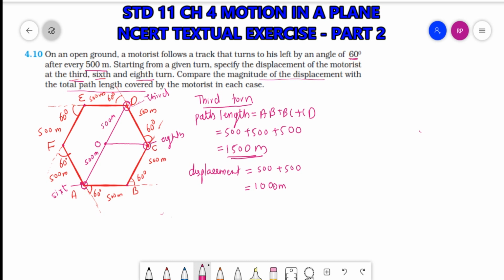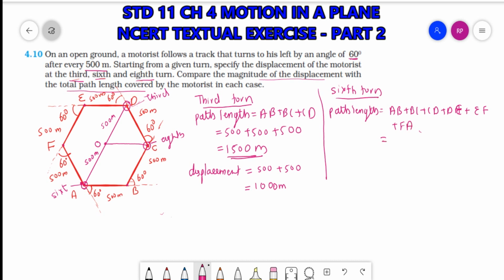Okay, now let's take the sixth turn. So at the sixth turn, it is again coming back at position A. So path length will be equal to AB plus BC plus CD plus DE plus EF plus FA.